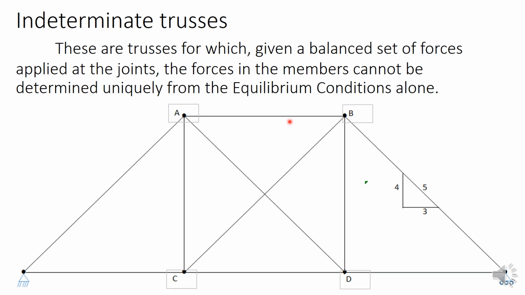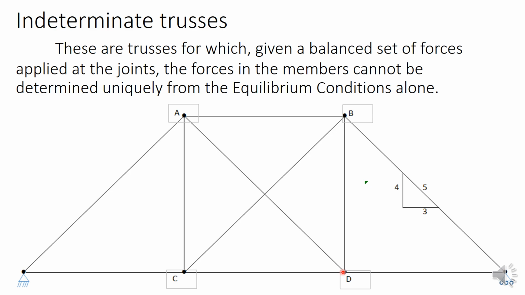Basically, it's the same as the truss we had before, same support conditions also, but there is an additional member AD here. In the previous example, you did not have this member AD. So there's just one extra member here.